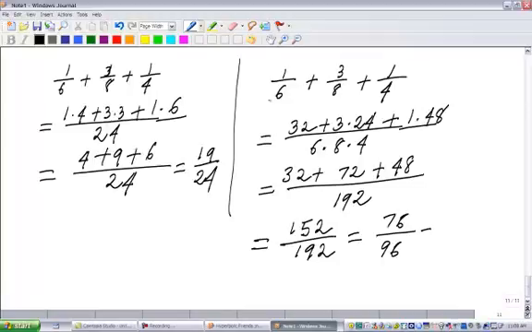Okay, let's divide again by 2. What do I get? 38 over 48. Divide by 2 again. 19 over 24 now. So we got the same answers, okay?